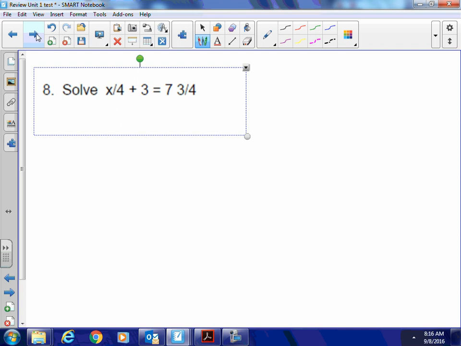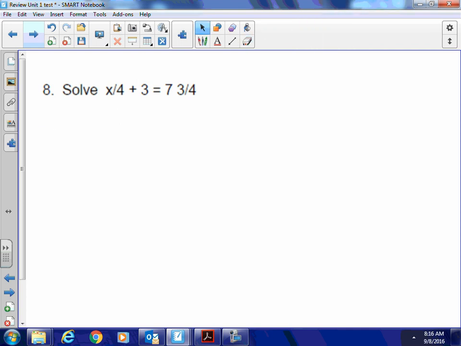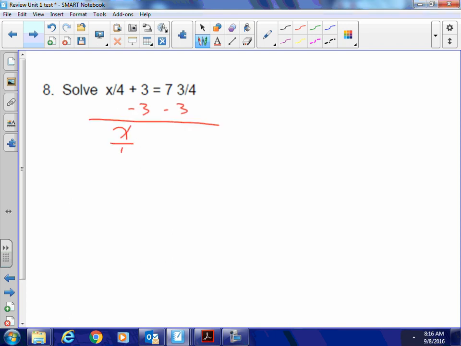B. Let's solve this. I will first subtract 3 from both sides, and when I do, I've got x over 4 equals 4 3/4. Now I'll multiply both sides by 4.